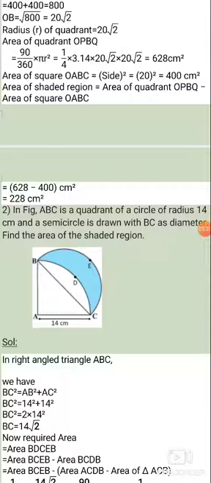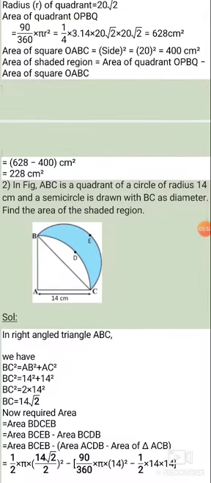Now, area of BCEB minus area of BCDB. What is that small portion's area equal to? Area of ACDB, that is the quadrant, minus area of the triangle ABC or ACB. Now substitute all that into the equation.